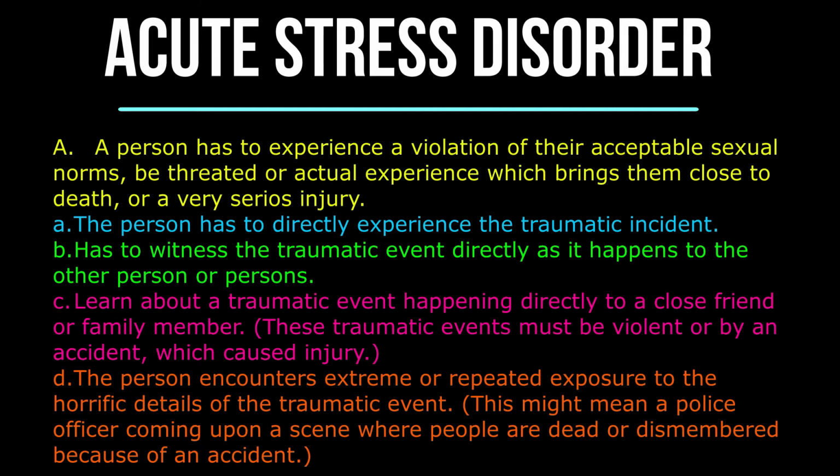A, a person has had to experience a violation of their acceptable sexual norms, be threatened, or actually experience a traumatic event which brings them close to death, or have some very serious injury. With this, the person has to directly experience the traumatic incident.